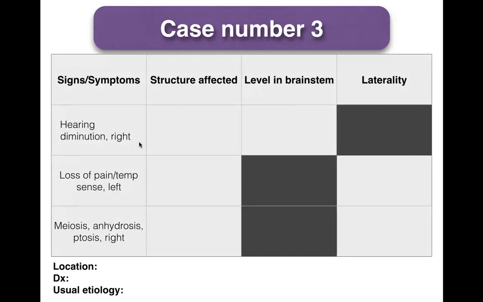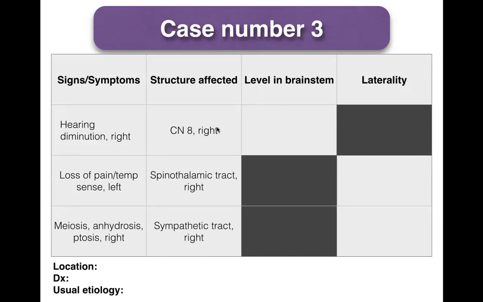What cranial nerve carries auditory sensory information? That would be cranial nerve number 8 on the right. Loss of pain and temperature sensation from the body: that sensory modality is carried by the spinothalamic tract. Miosis, anhidrosis, ptosis: Horner syndrome. That indicates a lesion affecting the descending sympathetic pathway.